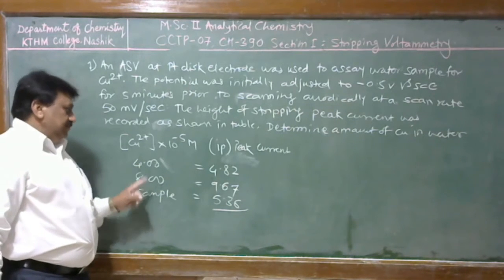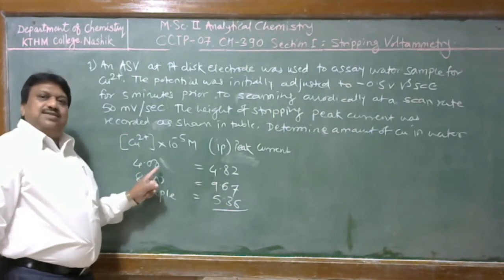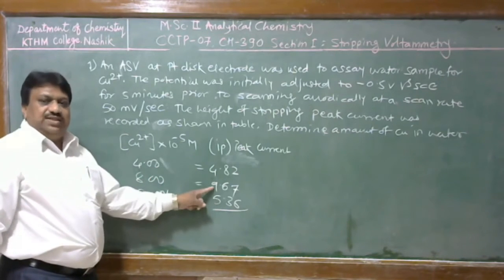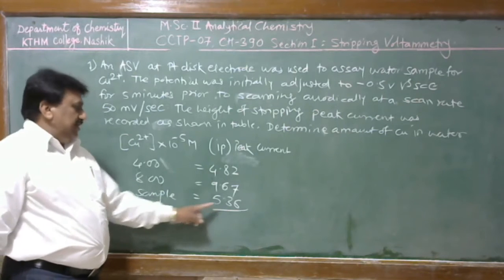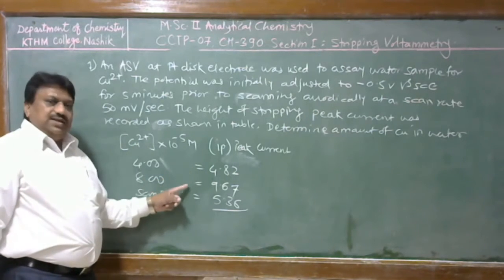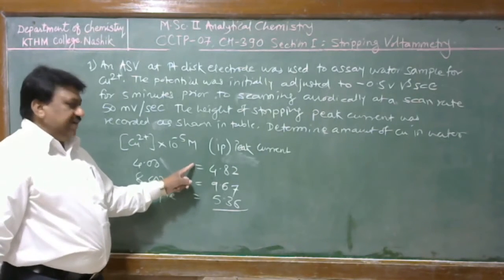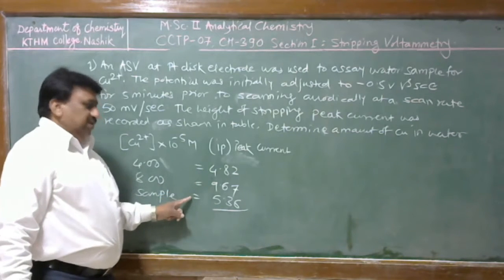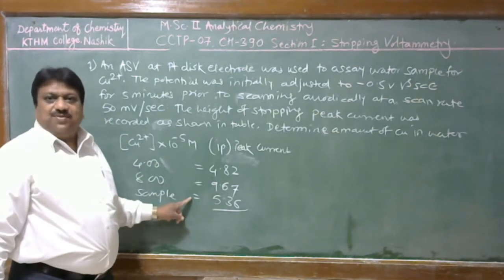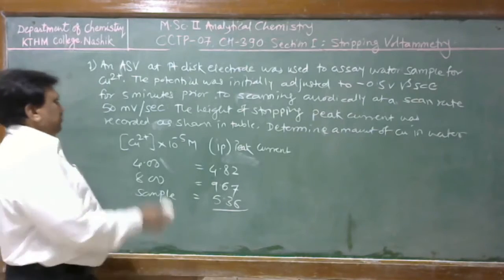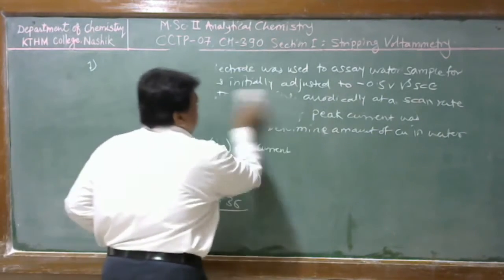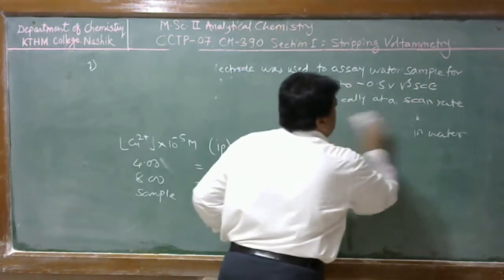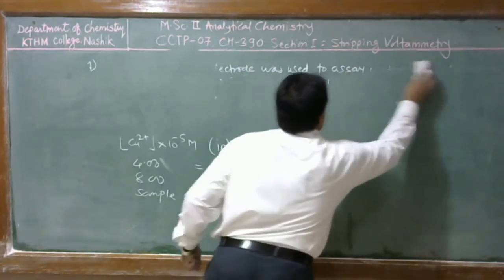In this problem, 2 measurements are carried out with the standard and 1 measurement is carried out for the sample. Therefore, by comparing the proportionality constant obtained in a standard solution, we can find out the concentration of copper in the sample solution.